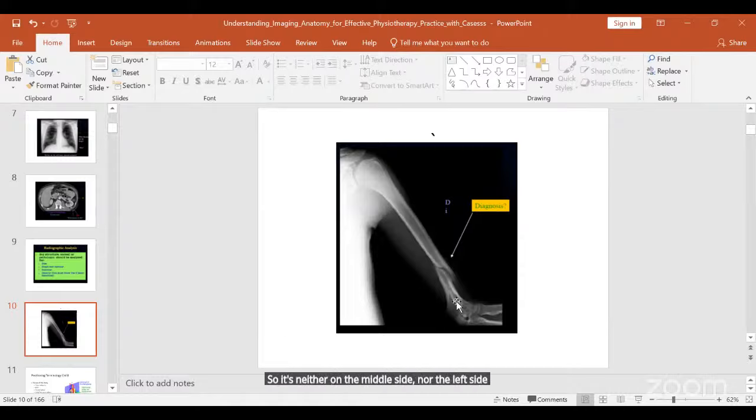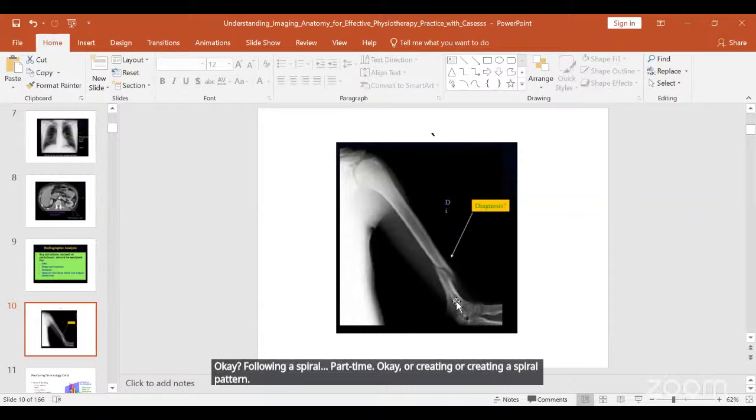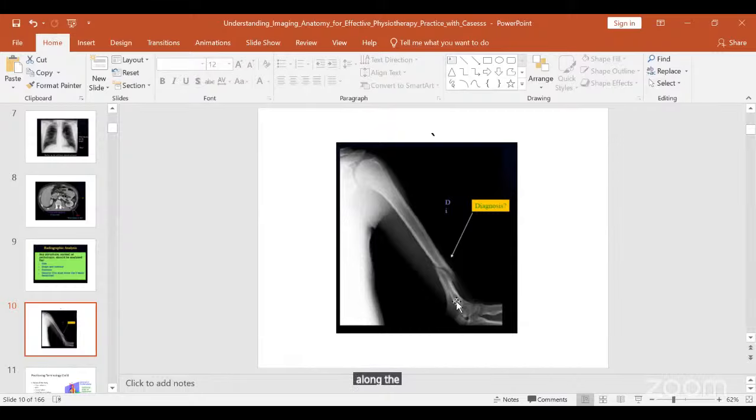It's extending, following a spiral pattern along the lumen of the shaft. So this is consistent with what? A spiral fracture.